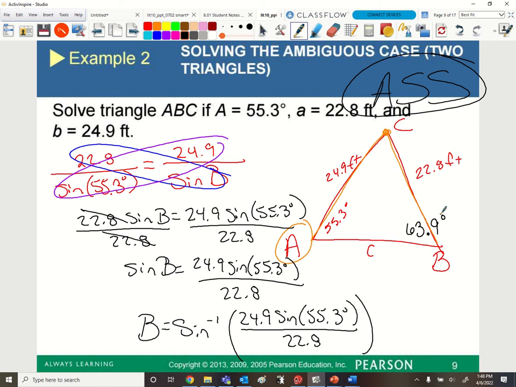The problem is we still don't know, because we don't have the C. So this is what you do. Because this one is angle side side, this is ambiguous. We have to look to see if there are two triangles. That's the next step you do.